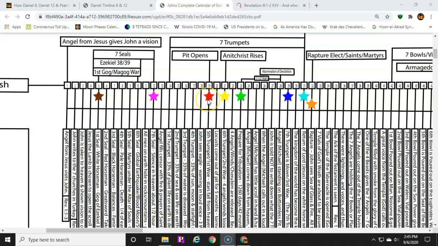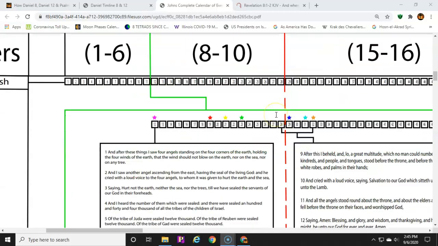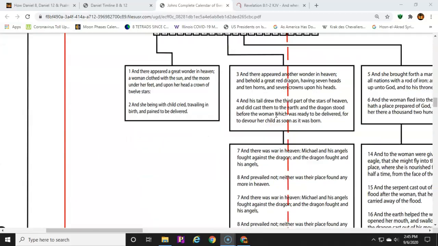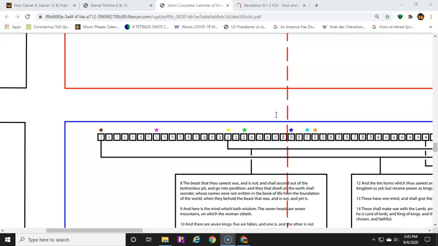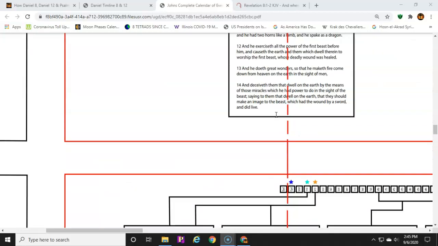And you'll notice that the 5th, 6th, and 7th trumpet only happens once here, but they're constantly reoccurring down here. And that's what I mean. You've got to watch that 5th, 6th, and 7th trumpet. They're constantly reoccurring down here.